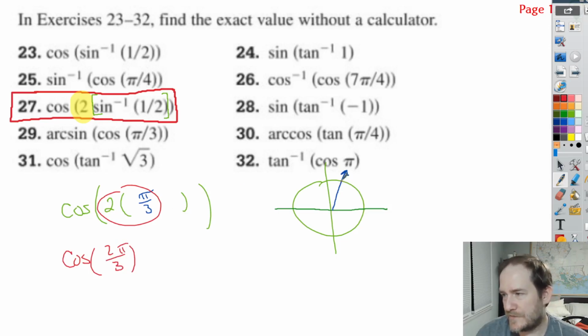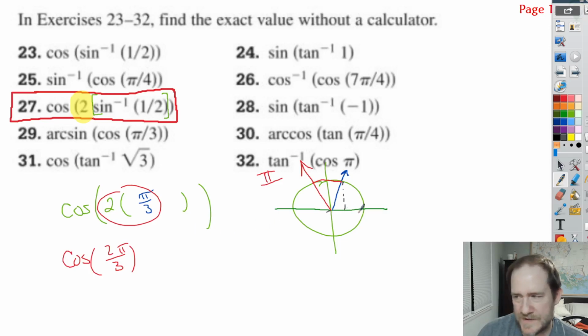So that 2 pushes us over here, and we're now evaluating this red angle in quadrant 2 instead. You still get root 3 over 2. But wait, cosine is the x. I'm being stupid, which means I've screwed this whole thing up.